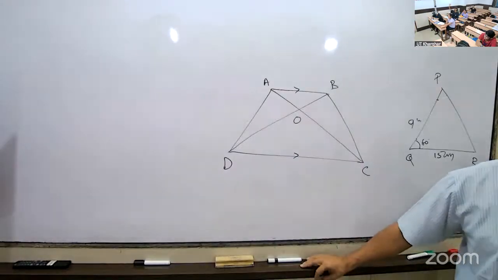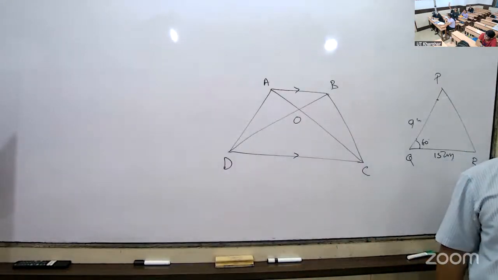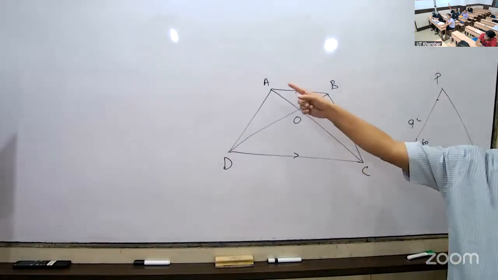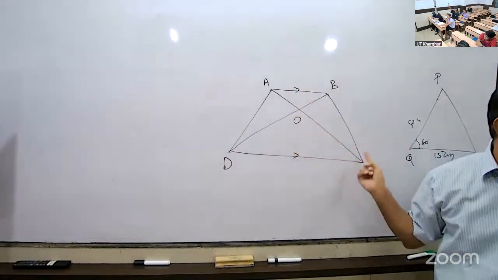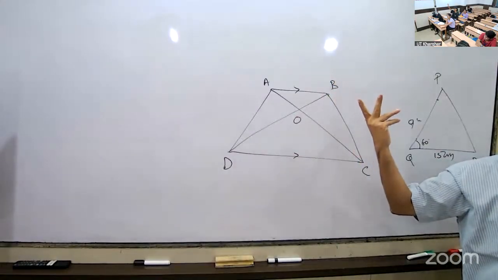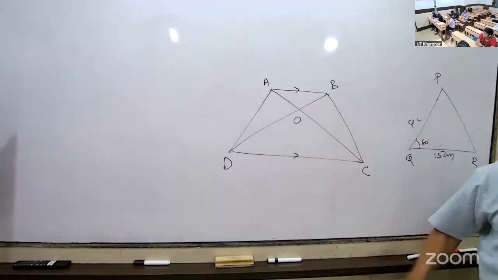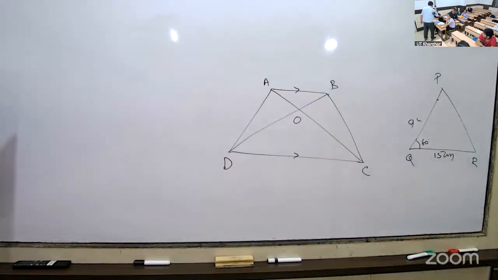No construction. Even with construction, you will not be able to prove they are similar. You said triangle ABC and triangle DBC. How are they similar? Sir, triangle AOB and DOC. Prove it. But what you said earlier is not correct.